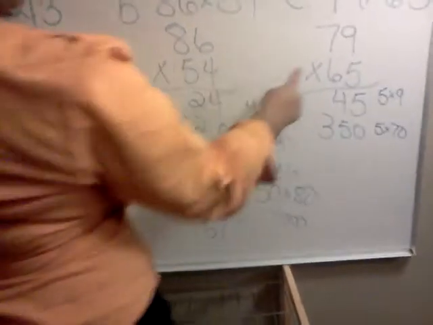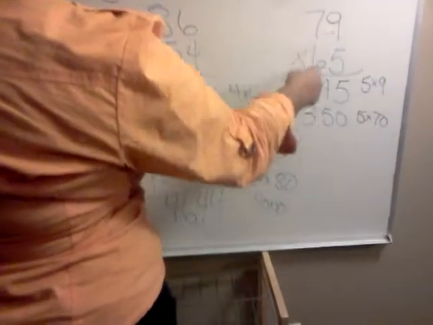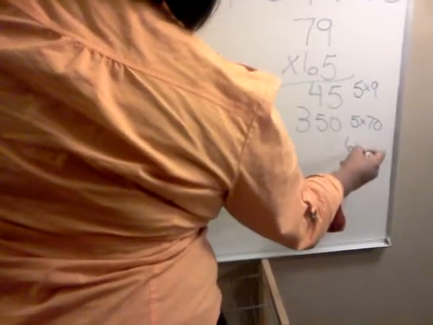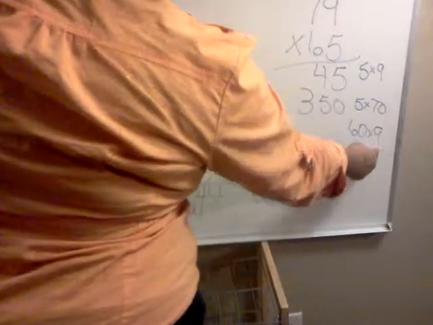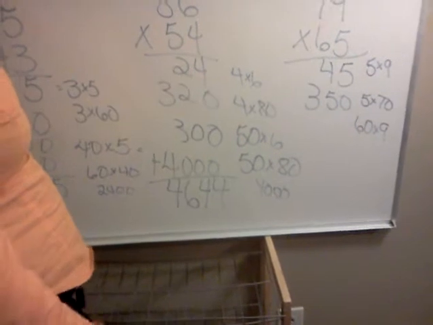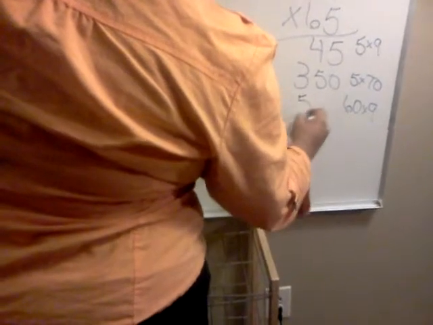Now we're going to multiply 10s times the 1. That's 60 times 9. Well, 6 times 9 is 54. And bring down the 0. So, 540.